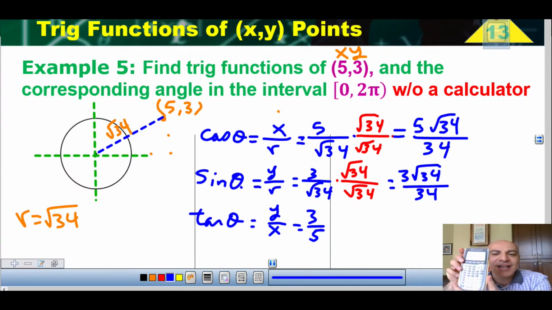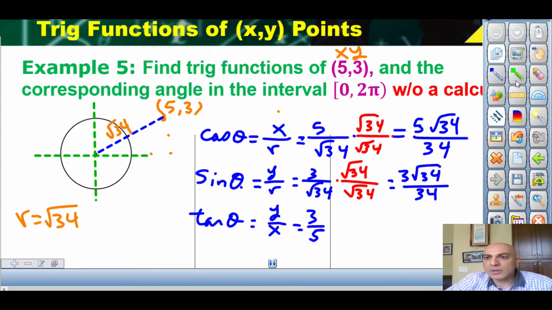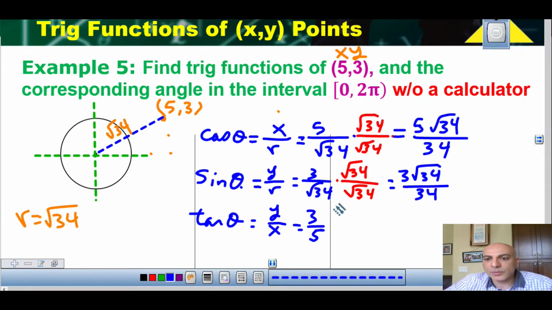All calculators have either second and then your trig function, like second cosine, second sine, or shift. It just depends on your calculator and manufacturer. Mine here is second. So I'm going to just pick one of them. Let's say, for example, I picked the inverse cosine.